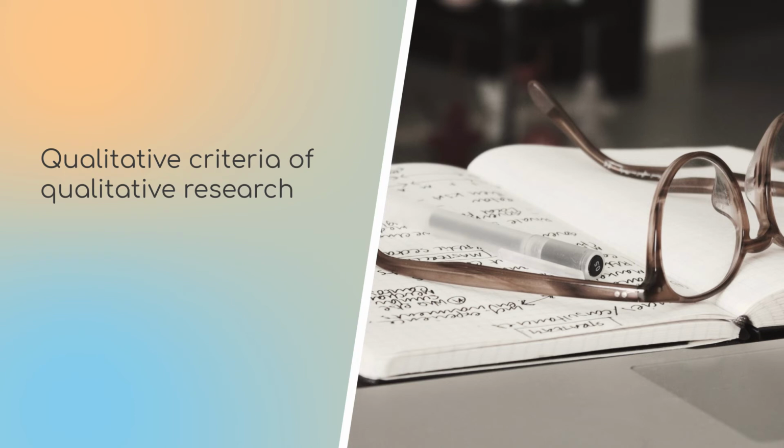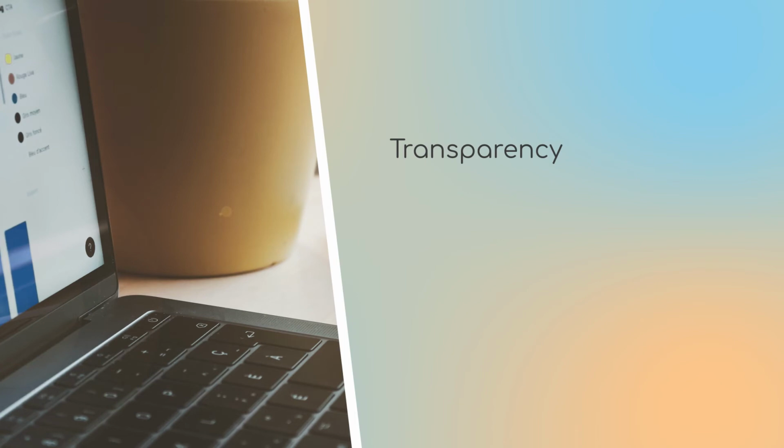Since the results of qualitative research show a higher degree of subjectivity, the quality criteria of quantitative research usually cannot be transferred here completely, but only approximately. For qualitative research, the following three criteria are often considered: transparency, intersubjectivity, and reach. Qualitative research is considered to be transparent if every important step of the research process is documented in detail and comprehensively.